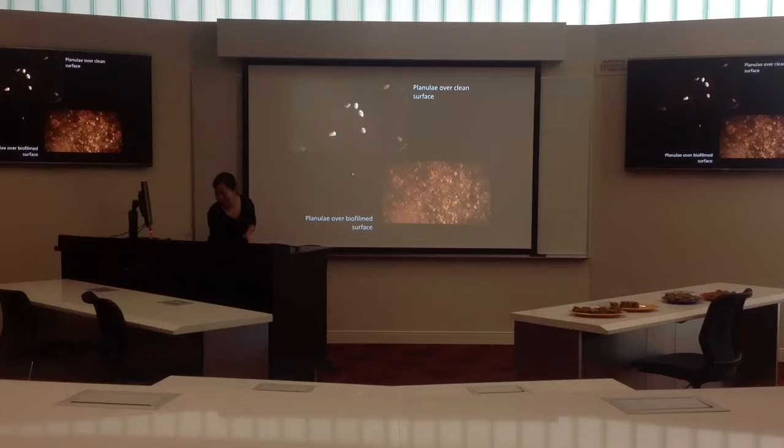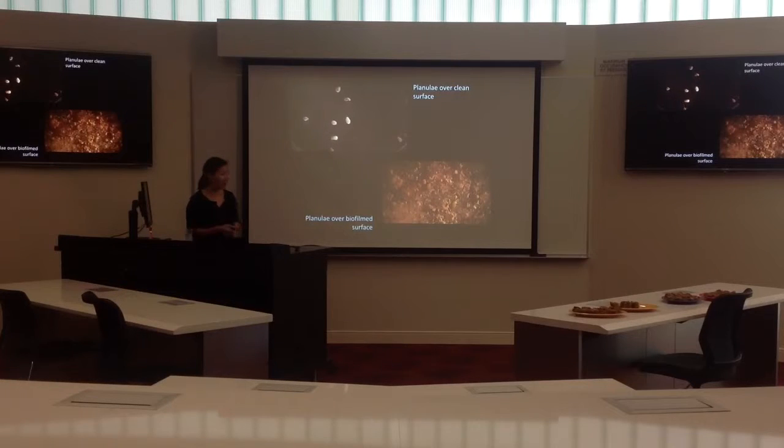Now if you look at this one here at the bottom, these are planulae over a biofilm surface. And I'll probably have to point them out because they're moving so slowly. But here's one here, here, one here which is practically sitting still, and one here as well.